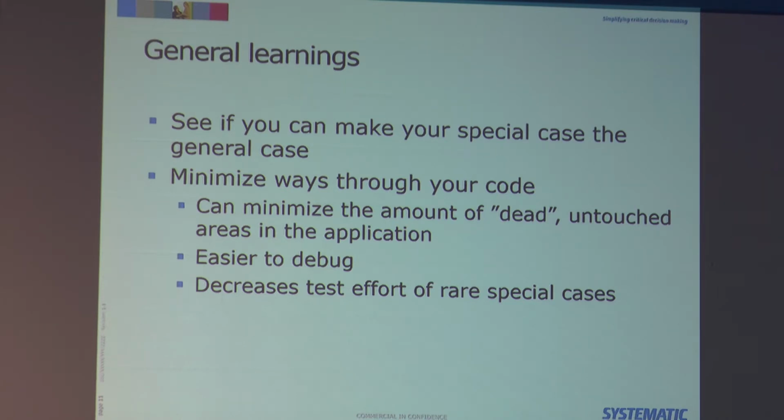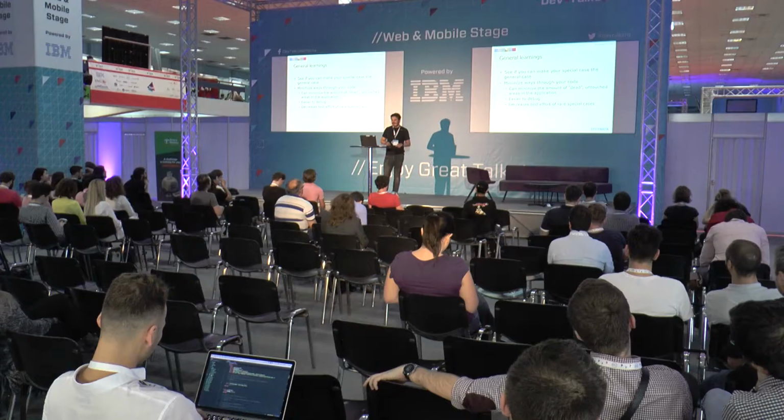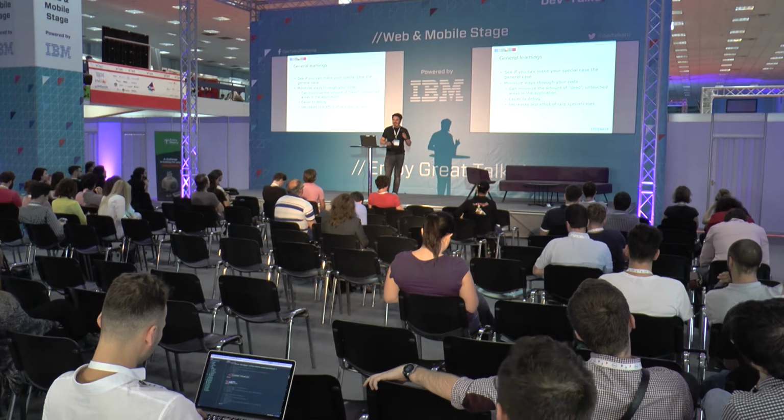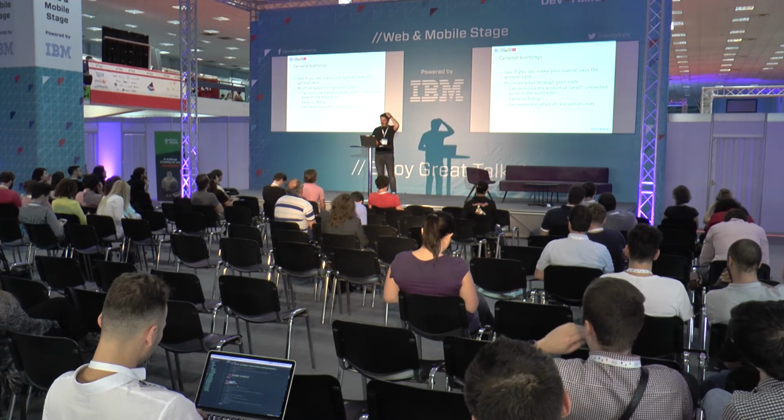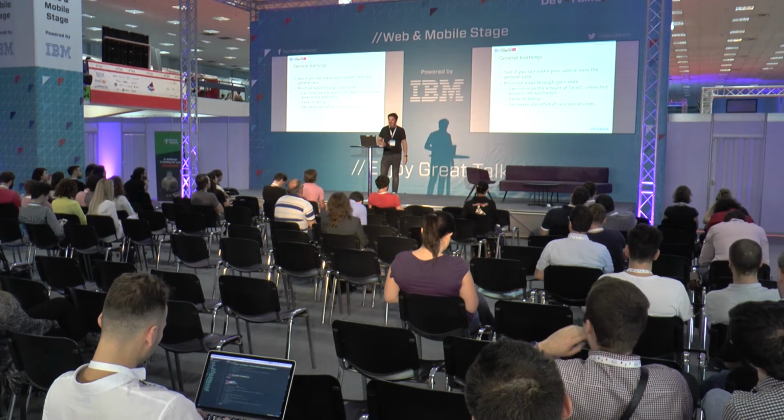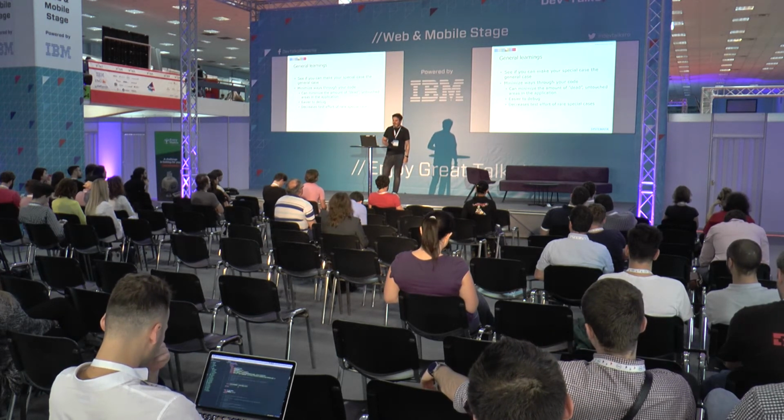So, yeah, I think that's the point. What we have here is that, okay, we can minimize the amount of dead code. Well, not technically dead, but dead for the developer and untouched areas of the application. It makes it a lot easier to debug, because we only have this one way through the code, so you don't have to look at several different branches.